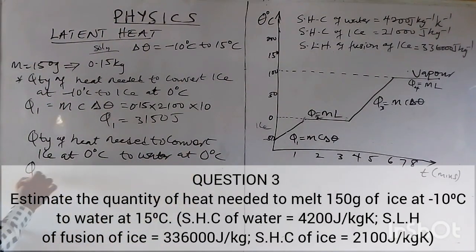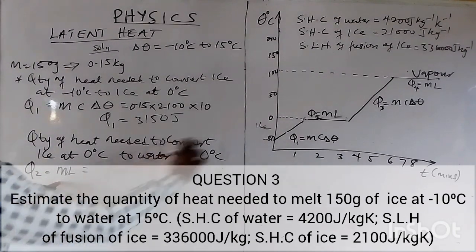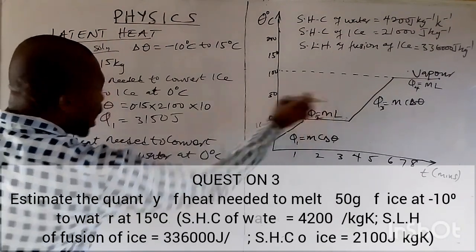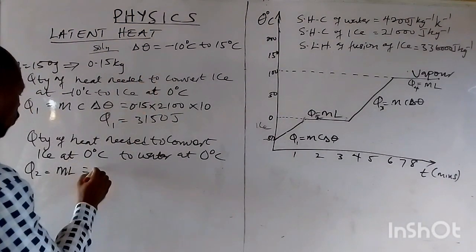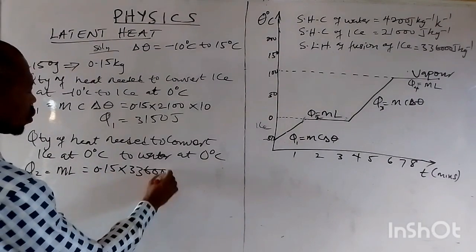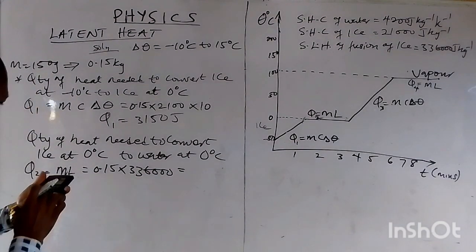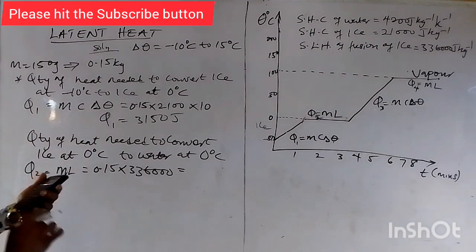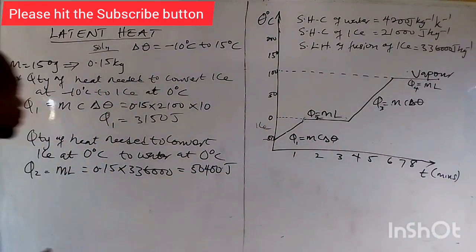So we can have it as Q2, which will give us ml, mass of the ice times specific latent heat of fusion, which will give us 0.15 times 336,000. Q2 is 50,400 joules.